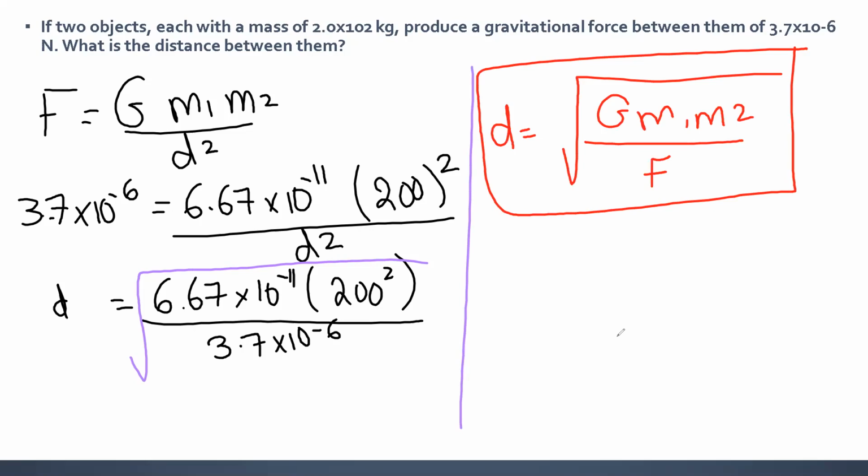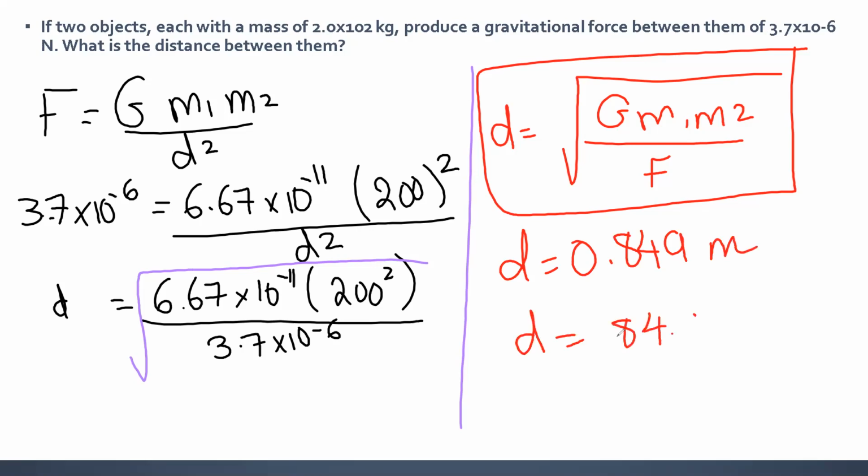Square root of 6.67 times 10 to the power negative 11 times 200 squared over 3.7 times 10 to the power negative 6. Under the square root, we found that d will be 0.849 meter, or we can say the distance is 84.9 centimeter.